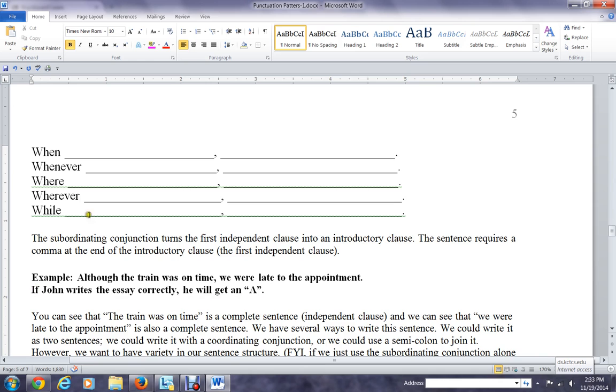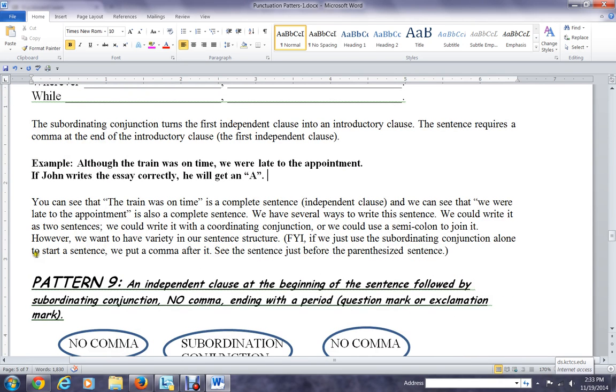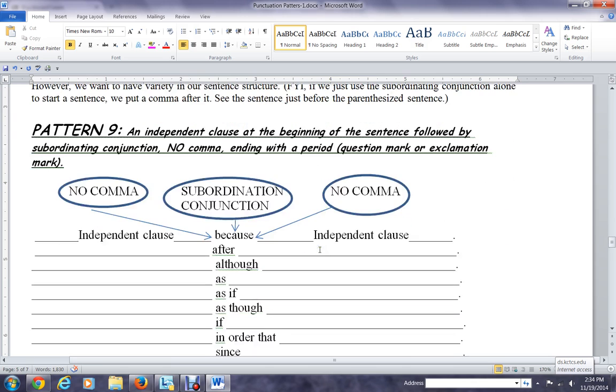So if John, anytime you put one of these subordinate conjunctions, it means that you need more information. If I say, if John writes the essay correctly, I can't put a period there because it's not a complete sentence. I have to know more information. Pattern 9, subordinate conjunction, no comma.